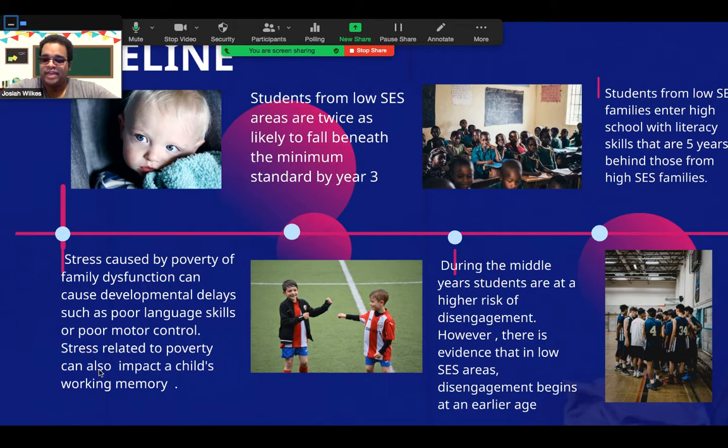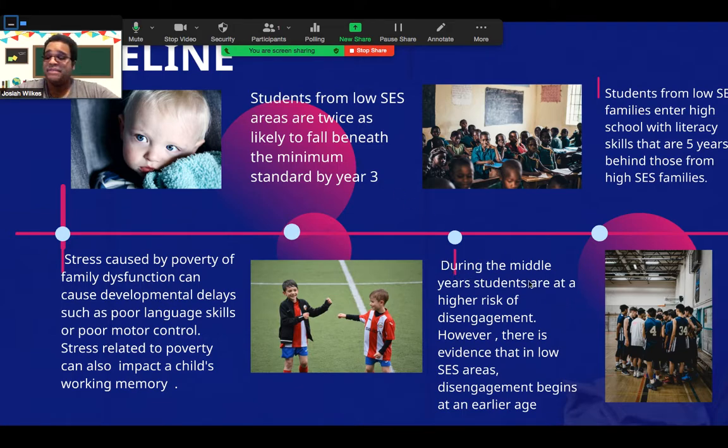Stress related to poverty can also impact a child's working memory. So if they're stressed because they're not getting meals at home, that's going to impact the way that their brain develops. Students from low SES areas are also twice as likely to fall beneath the minimum standard by year 3. So that's also something that's very challenging.